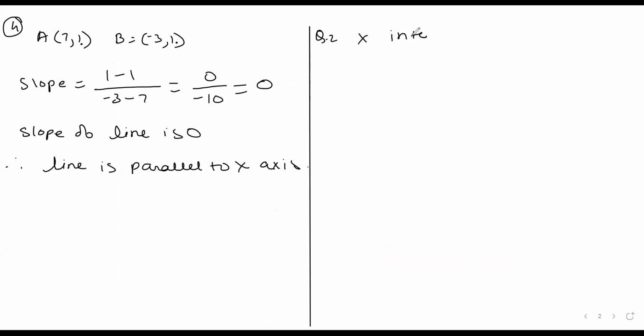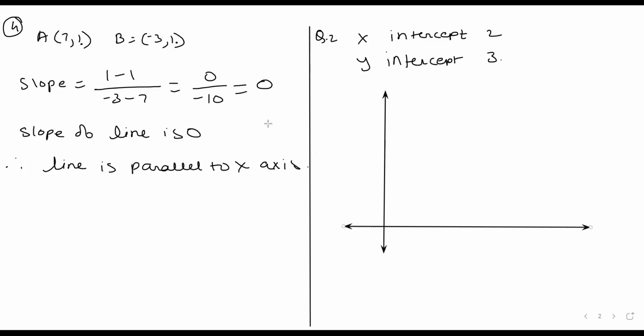If x intercept is 2 and y intercept is 3, it means that if this is your coordinate axis and if this is the line, this is (0, 3) and this is (2, 0). These are the two intercepts.